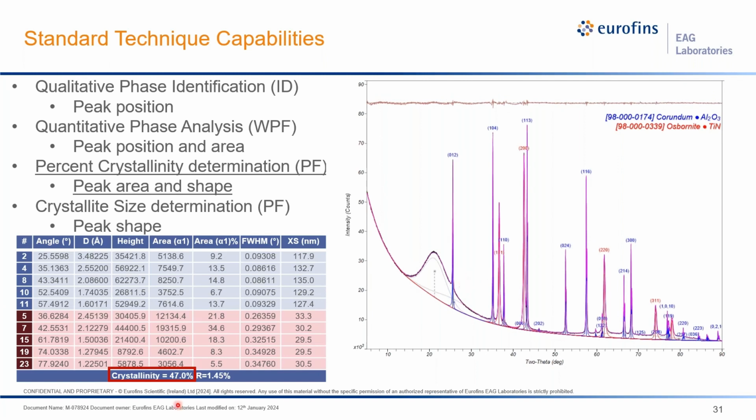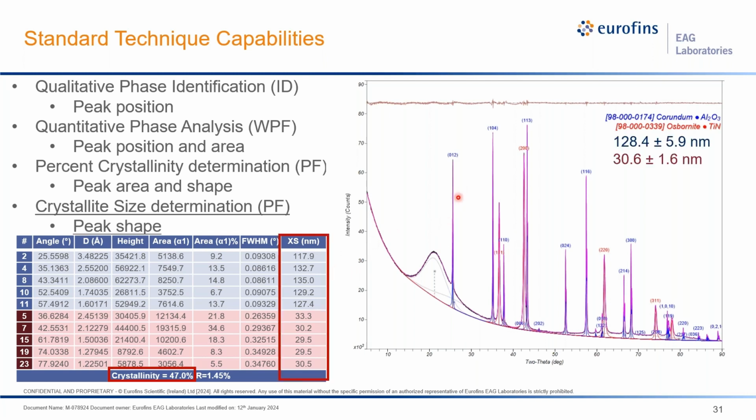And if we know the density of that amorphous material, we can also factor that into our calculation. And we can also give percent crystallinity if we, again, fit the profiles of the crystalline peaks against the amorphous peaks, and we see the percentage of the area that's representative of both. So this sample here is approximately 47% crystalline.